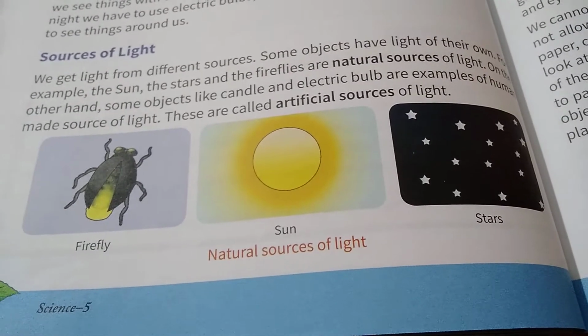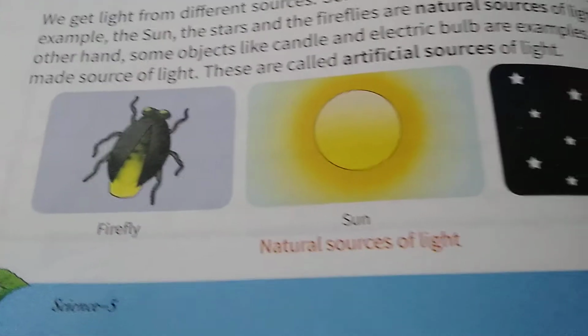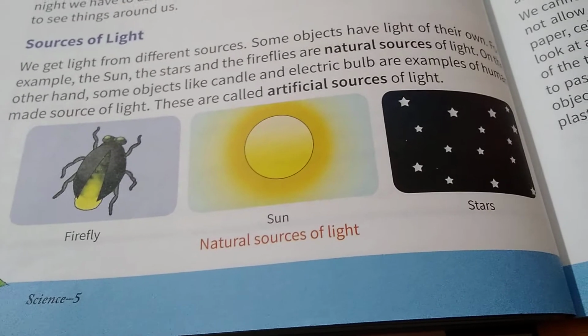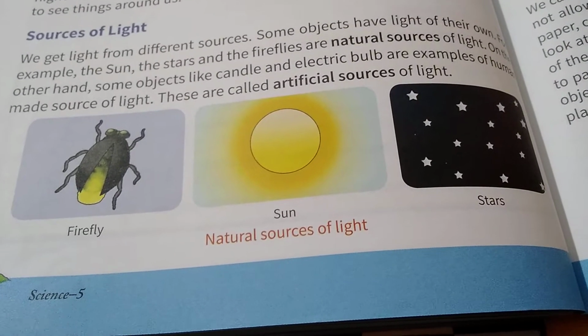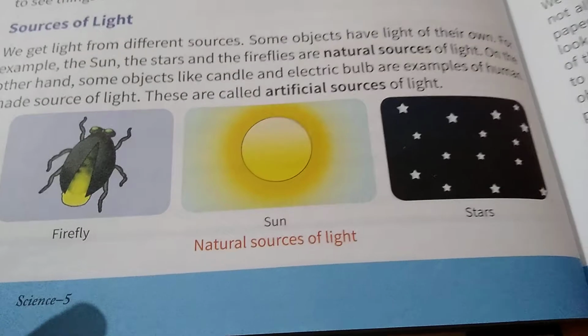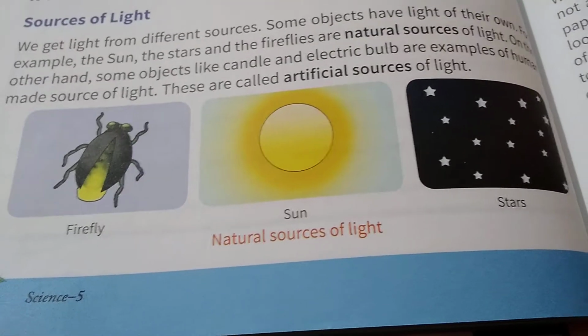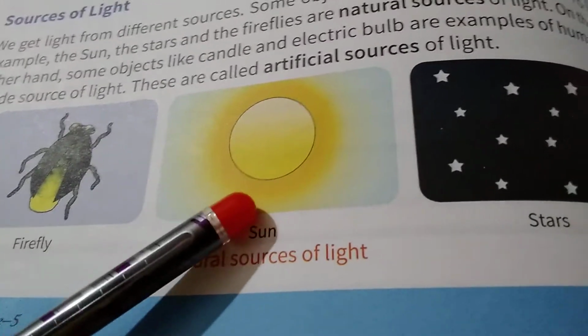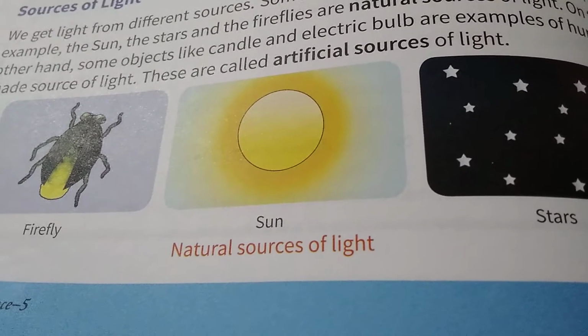Sources of light can be natural and it can be man-made or artificial. Okay? So, for example, I can say that the sun, the stars, fireflies. You can see here sun, stars, fireflies.